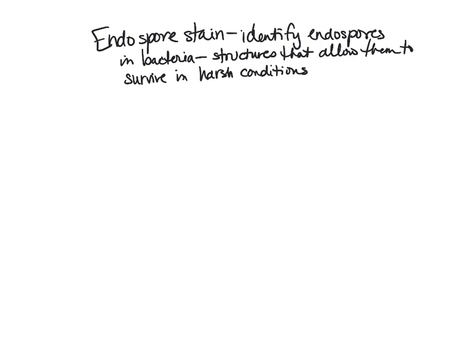If we try to use gram staining, it is not going to allow us to see endospores because it cannot penetrate through the endospore itself. So the endospore just looks like a clear area. If we had a whole bunch of endospores on a slide and we tried to stain it using a gram stain, we would end up not seeing anything at all because the endospores don't pick up the dye.